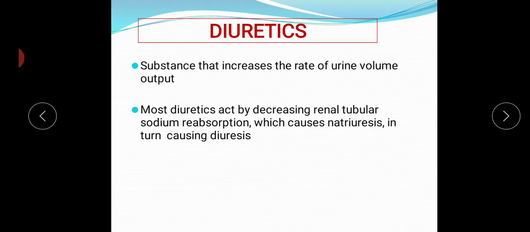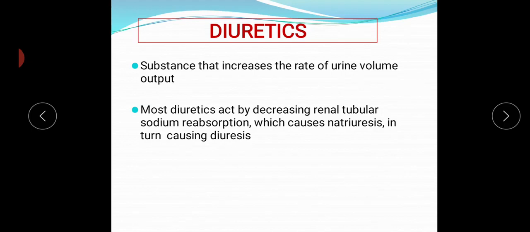Secondary to that natriuresis, the water is not able to be reabsorbed from the various tubules, and water also gets excreted. So most diuretics work by preventing solute reabsorption, and then secondarily preventing water reabsorption and removing most of the water.